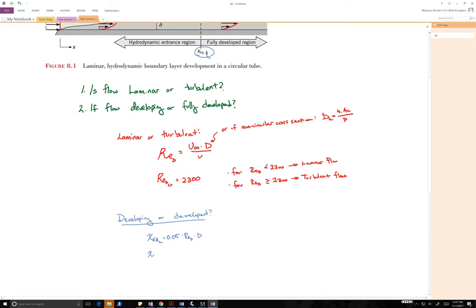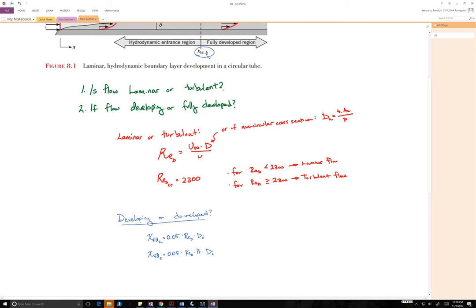And for your thermal boundary layers, the location where they meet is equal to 0.05 times your Reynolds number times your Prandtl number times your diameter D, where this is your inner diameter of your tube.